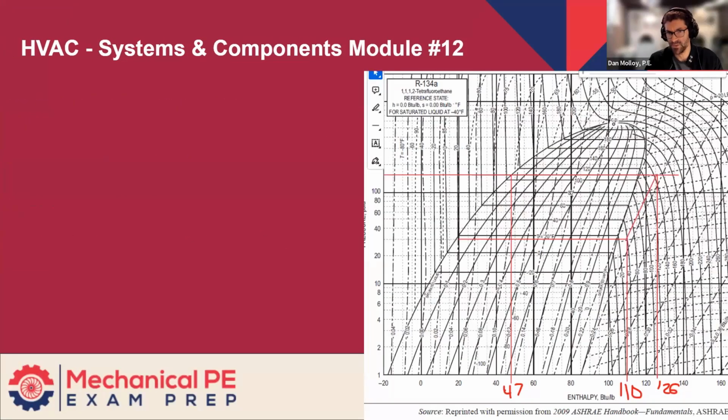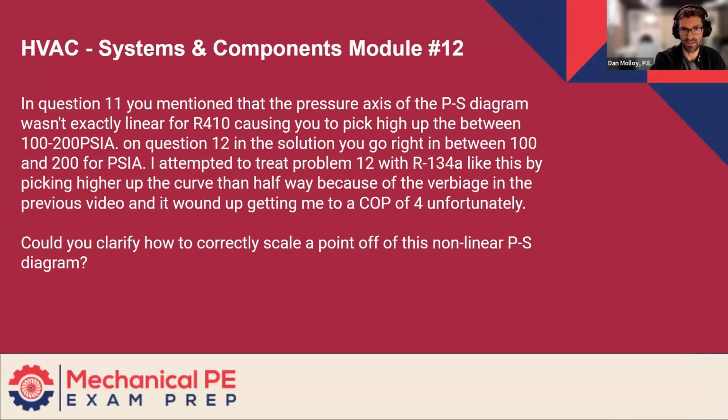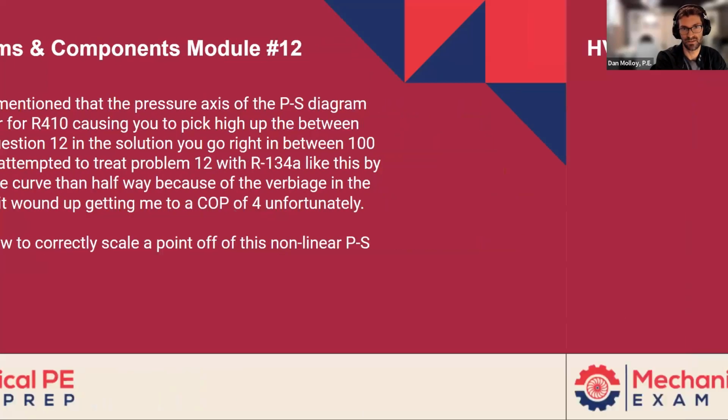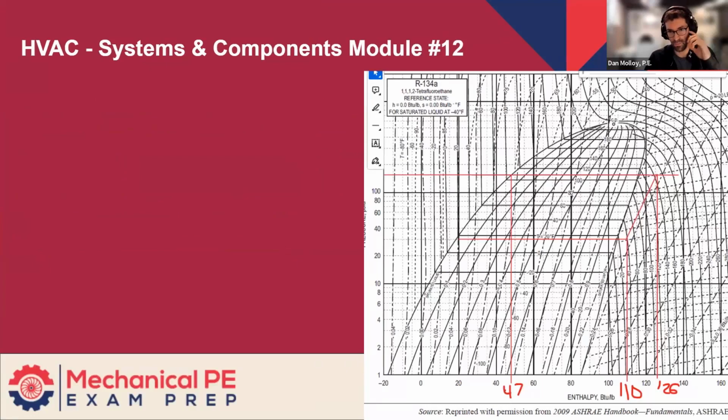But to answer your question, what I stated in question 11 is the correct guidance regarding the nonlinearity. I probably just glossed over it in the other one. But this is good, what I did here. So you can't see the 200 tick mark, but if it's between 100 and 200, if you only go halfway, you have to realize that as you go higher, it goes faster.